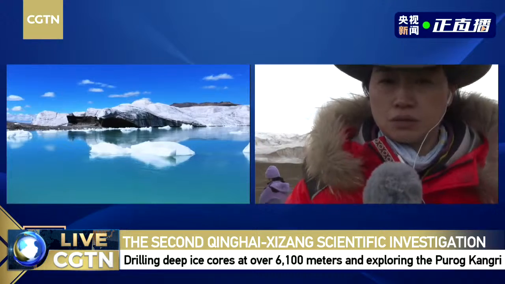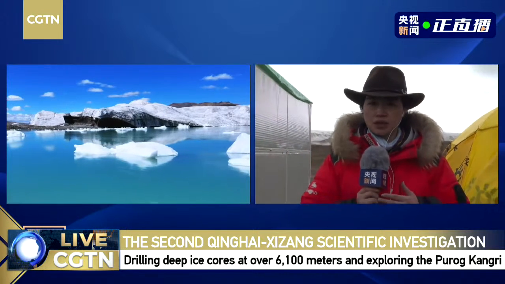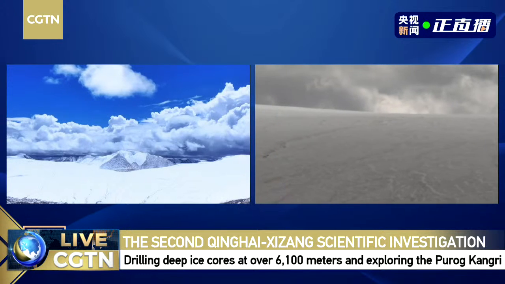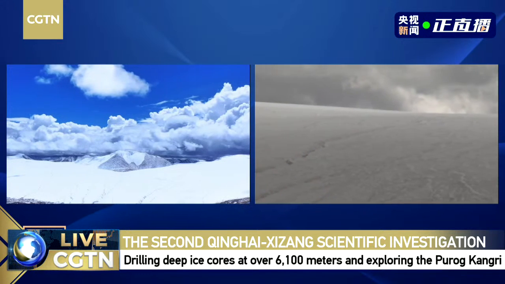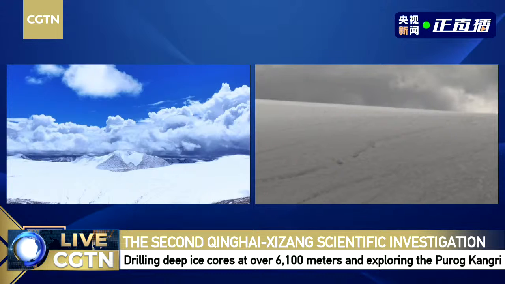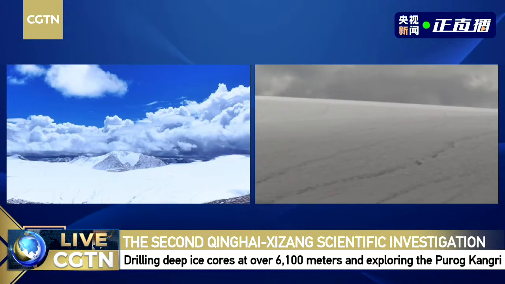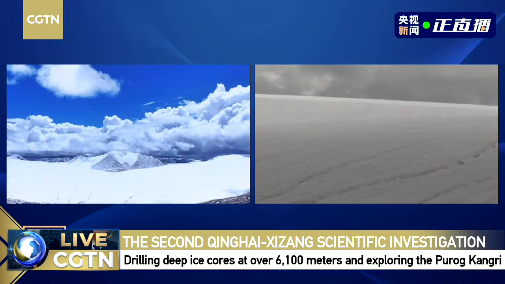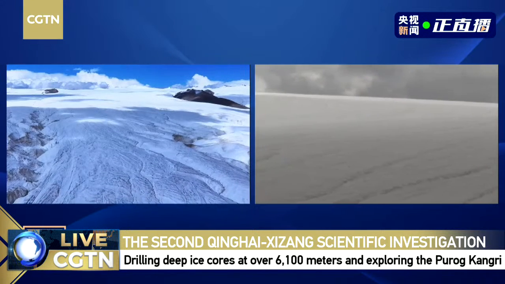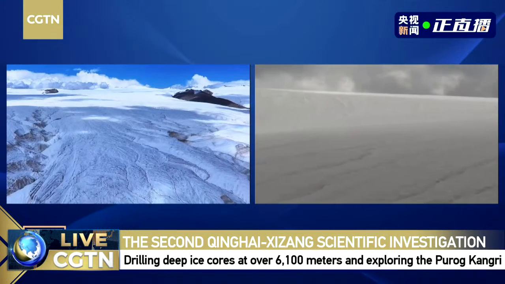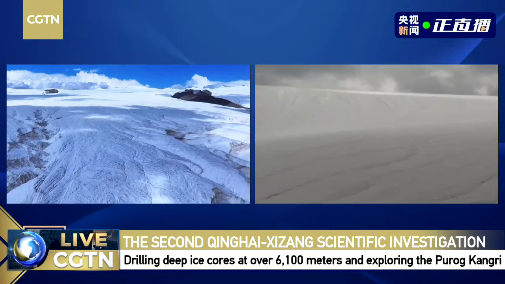This is what we call the peak mission, and it also shows the contribution made by the Chinese as well as the foreign scientists. Now I would like to show you another footage, especially of the coring situation in the number 8 glacier.